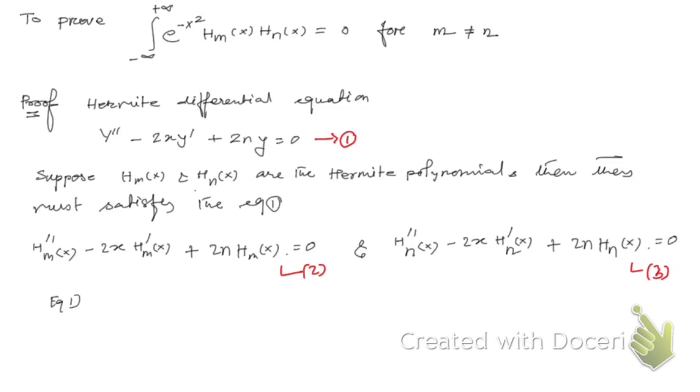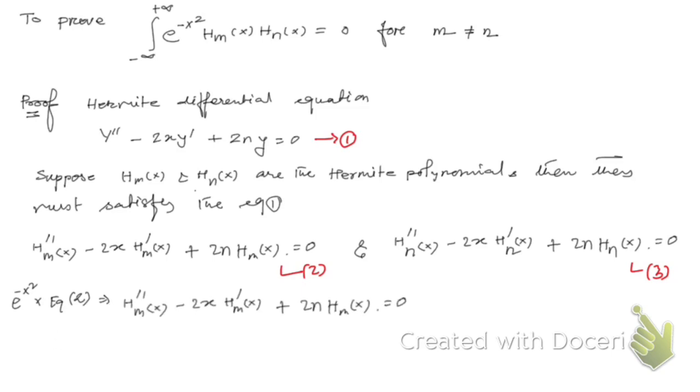Now let us multiply equation number 1 by e to the power minus x square. Actually, it's supposed to be equation number 2. Let me copy equation number 2 and write this equation here.